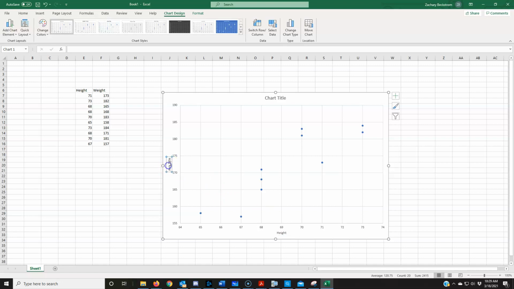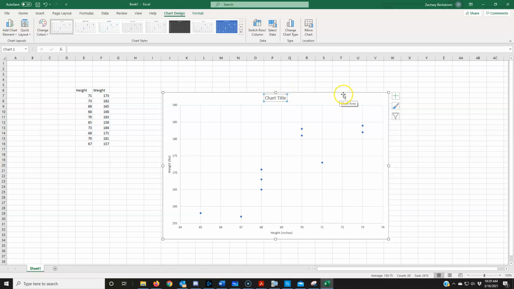Over here on the side, that is my weight. And I can always put parentheses in pounds. And I could probably do that here as well for my height, just so my readers have no problem understanding what I'm doing here.